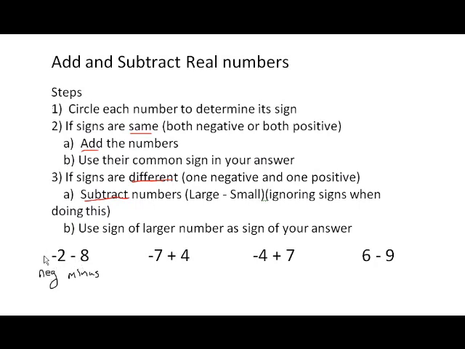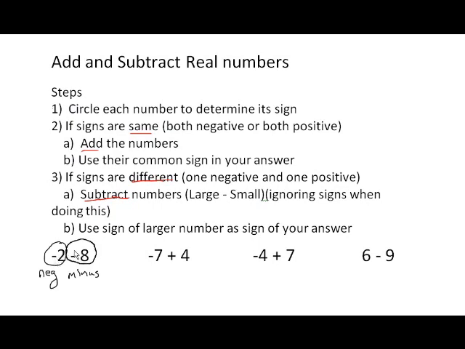-2 minus 8. Well, when there's nothing in front of the negative sign, it's understood to call it a negative. If there is something in front, it's understood to call it a minus. They both mean the exact same thing. And this is where a lot of people have problems. Circle each number and its sign. This is a -2, and this is a -8.